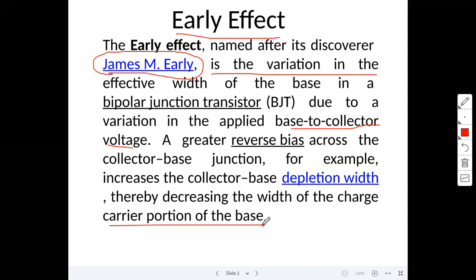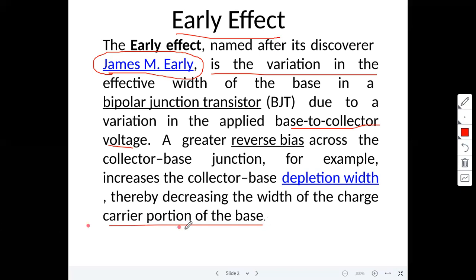Finally, the early effect is the effect in which the width of the base region changes according to the variation in the base to collector voltage.